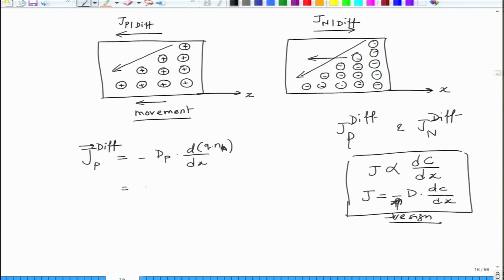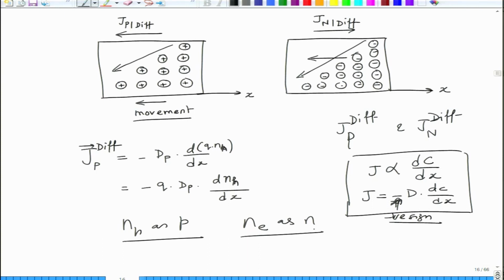So, this will be minus q D_p into dn_h divided by dx. We will make the notation simpler later on: we will write n_h as p and n_e as n, because when we write the equations it becomes very simple, but that we will do later.